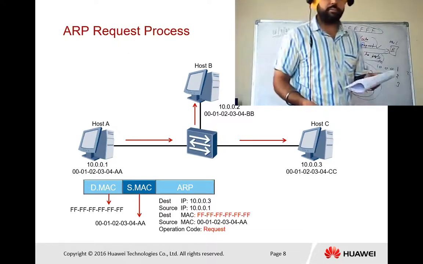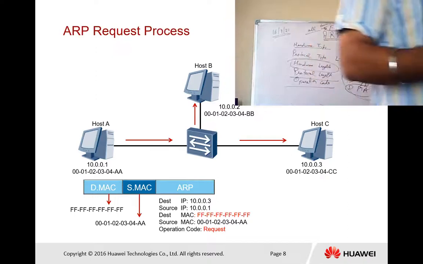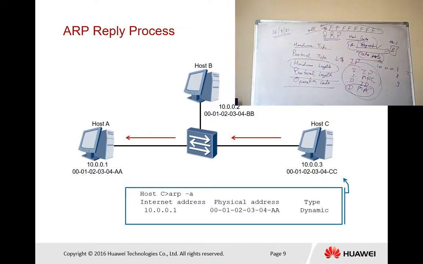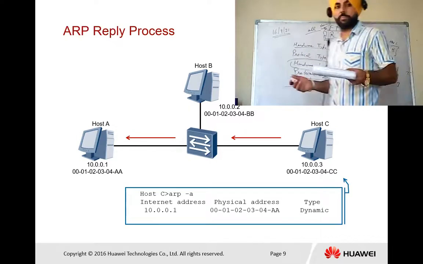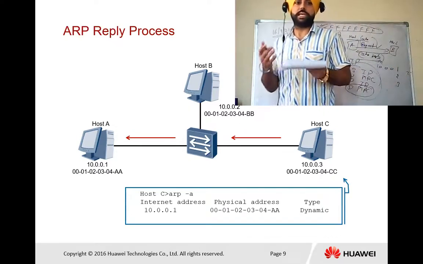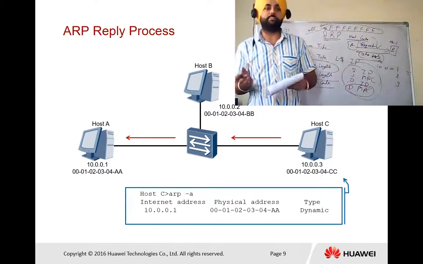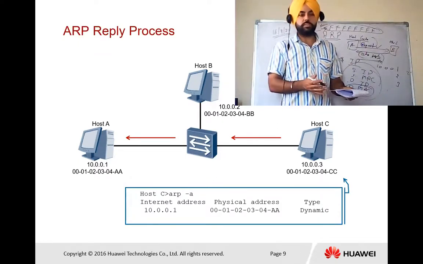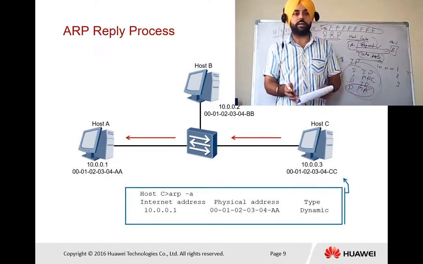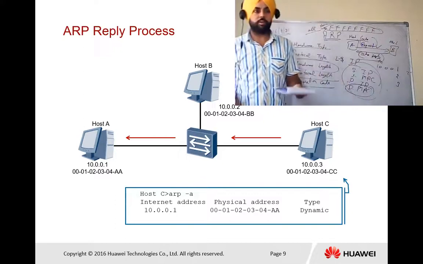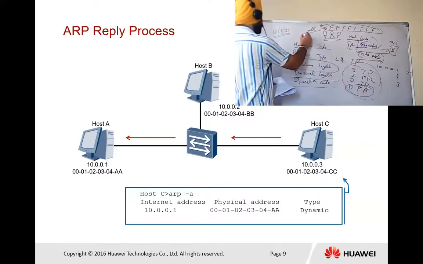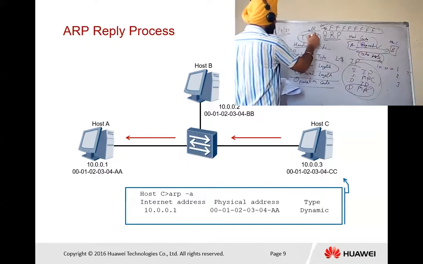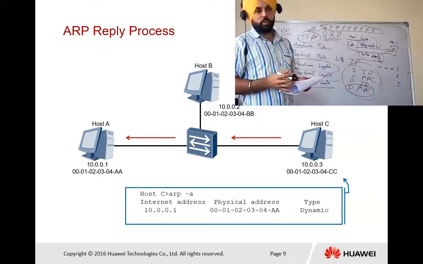So next we have the ARP reply process. Reply process means if they receive a packet, open it, and the destination IP address matches, then they will send a reply back. Yes, I received the packet, as an acknowledgement, because we are using TCP. TCP is a connection-oriented protocol.